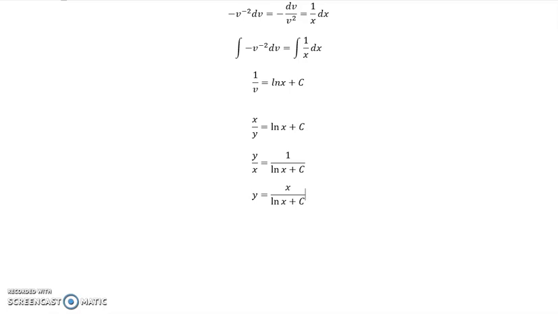But sometimes you will get solutions to these equations that can't easily be solved, certainly not this easily, for y explicitly. You may in fact get, especially if you end up doing partial fractions or something like that, an explicit solution or an implicit solution, which is perfectly fine.